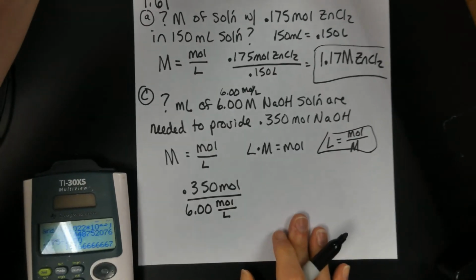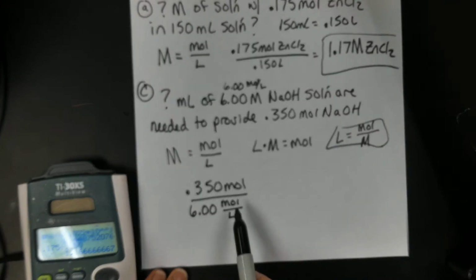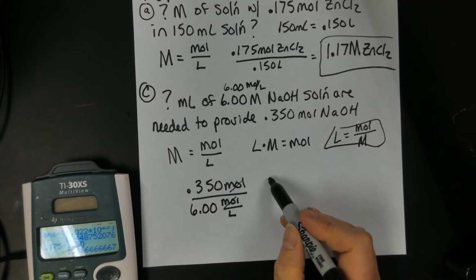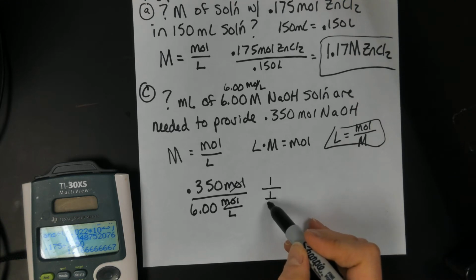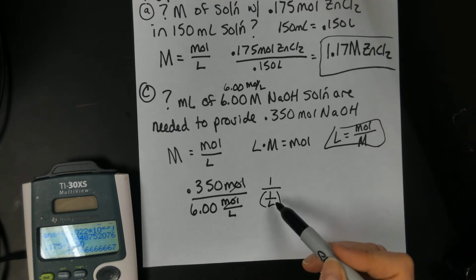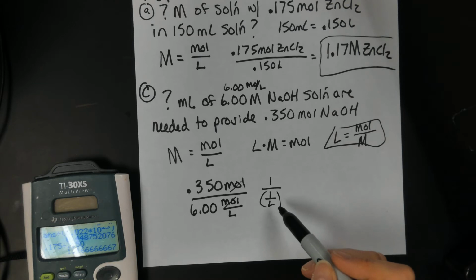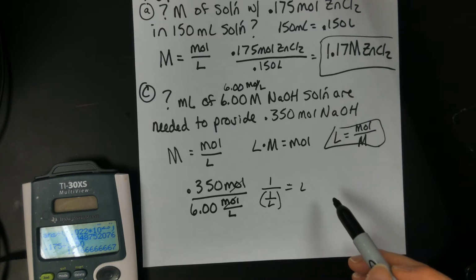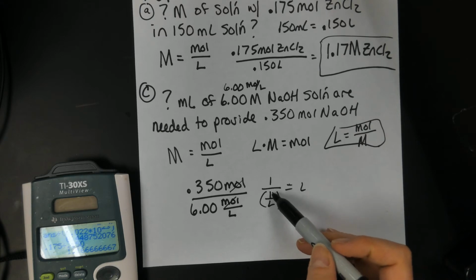I'll show you 2 ways to do this, so if this way doesn't stick. Essentially, the moles will cancel out, and then you're left with 1 over liter, and if you remember your algebra, this will eventually become liters on top, because you're dividing by a 1 over.